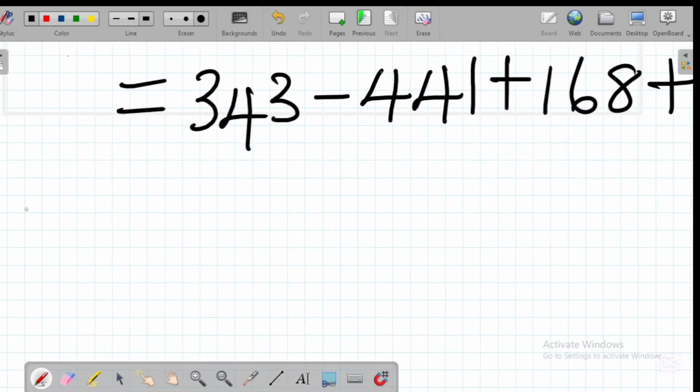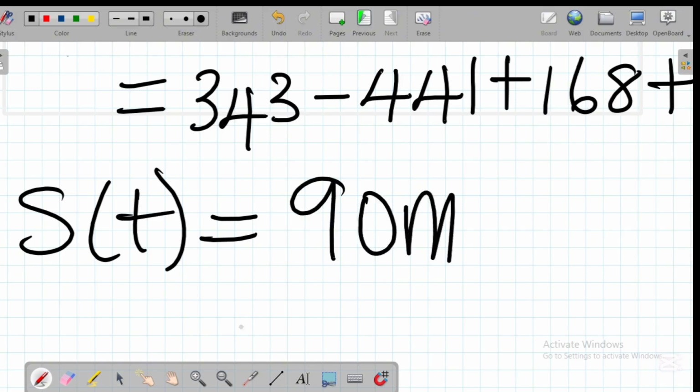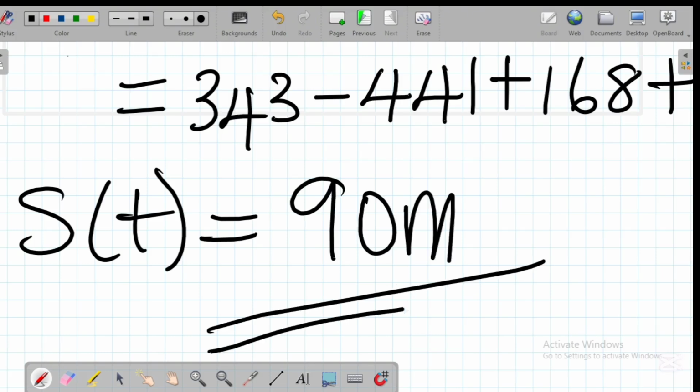So finally, s of t, which is the distance, is equal to 90 meters. So this is our final answer.